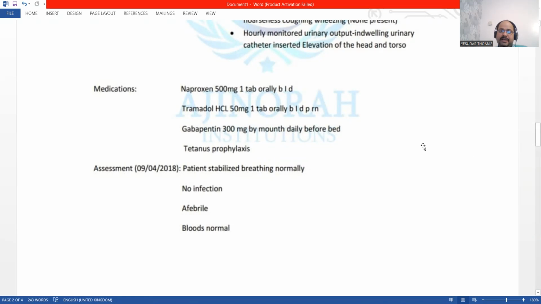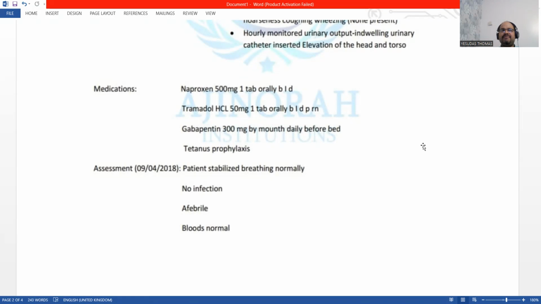Now about the medications, we need to update the GP about the medications he had taken: naproxen, tramadol, gabapentin, and tetanus. Tetanus prophylaxis is not actually just the tetanus injection which is given. In the sense of prophylaxis, we need to consider the patient education, the schedule, everything.